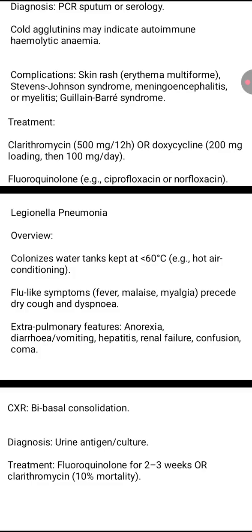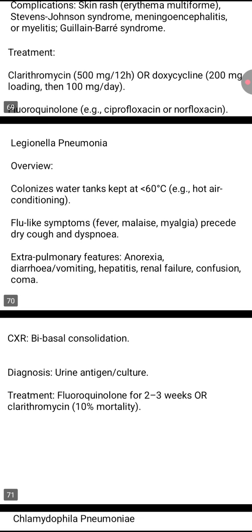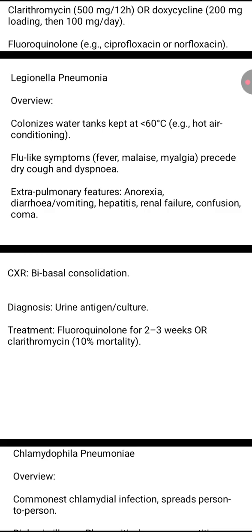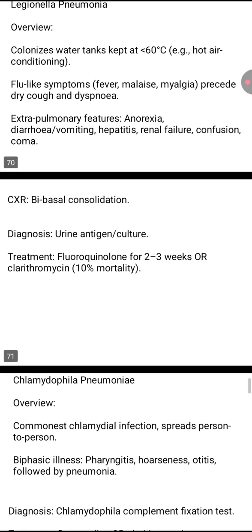Extrapulmonary features include anorexia, diarrhea or vomiting, hepatitis, renal failure, confusion, and coma. Chest X-ray shows a bibasal consolidation. Diagnosis is urine antigen or culture. Treatment is fluoroquinolone for 2 to 3 weeks or clarithromycin. Mortality is 10%.